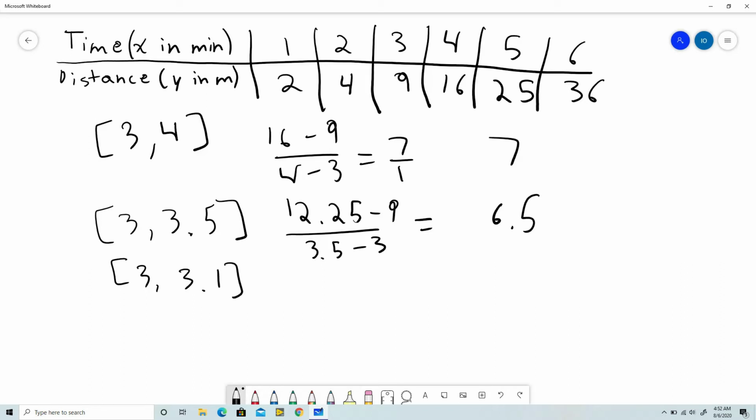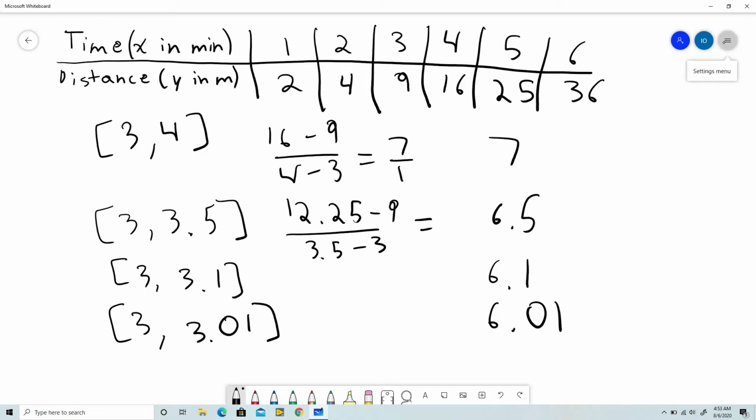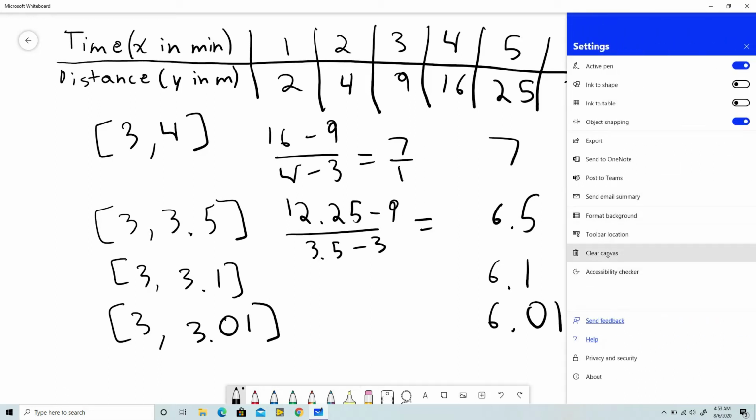If we do 3 to 3.1, we get 6.1. If we do 3 to 3.01, we get 6.01. So you can see that as we shorten the interval, we get more accurate results. We need to get the interval to be as small as possible, and this is where the concept of limits comes in. Let me clear all of this.